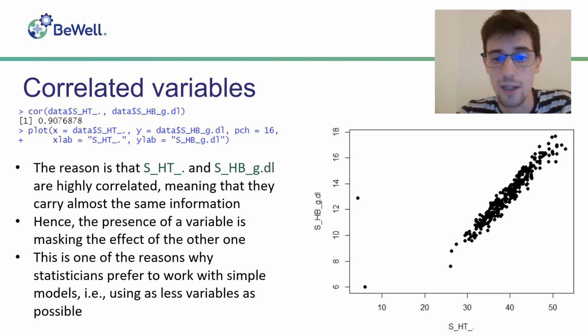The interpretation is that these two variables almost carry the same information. It would even be possible to obtain the value of one of them just by looking at the value of the other one. In these cases, we say that the presence of a variable is masking the effect of the other one. And this is one of the reasons why statisticians prefer to work with simpler models, that is, using as few variables as possible.